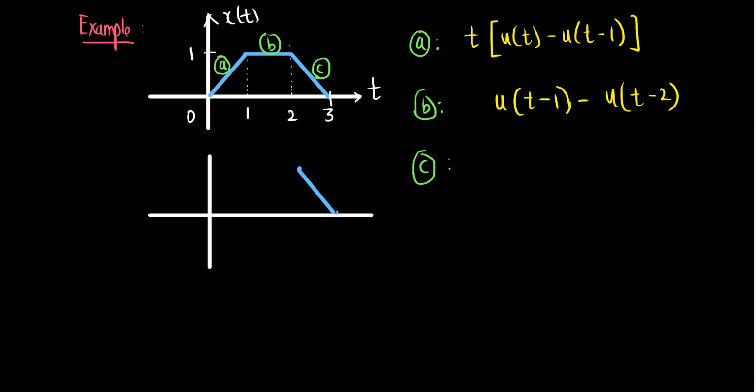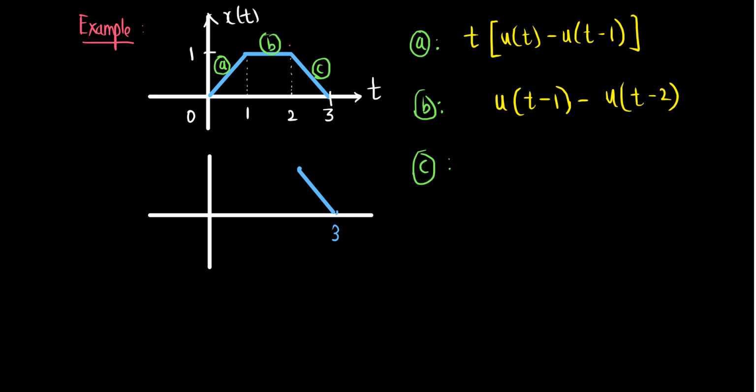Now this signal can be thought of as the multiplication of the box function that we have seen and the slope function, that is nothing but minus t, and that slope function being shifted by an amount of 3 units.